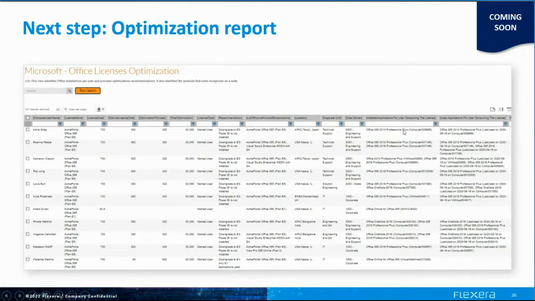So you could downgrade from E5 to E3. And the classical thing: if you have an E5 subscription and you are just using the online version of Office, why would you pay so much? You'd better use the E1 plan, which is $80 a year, and you would save $620.